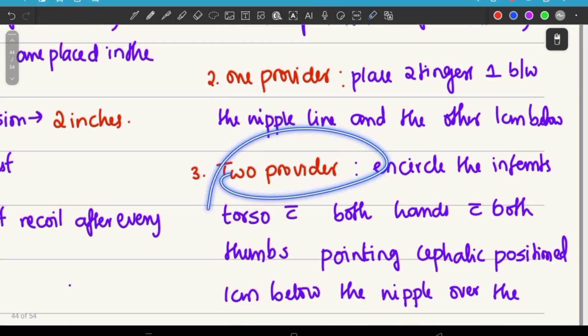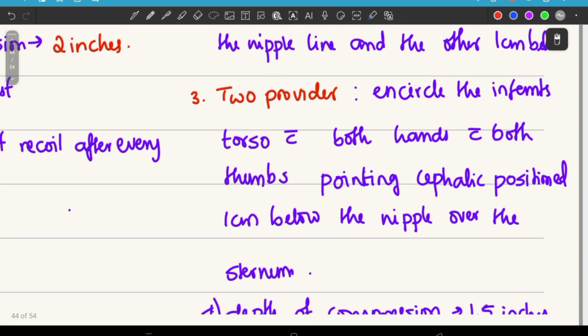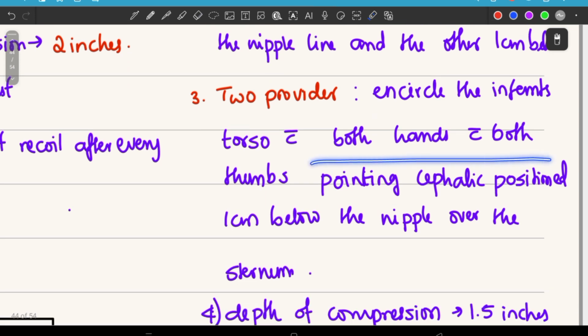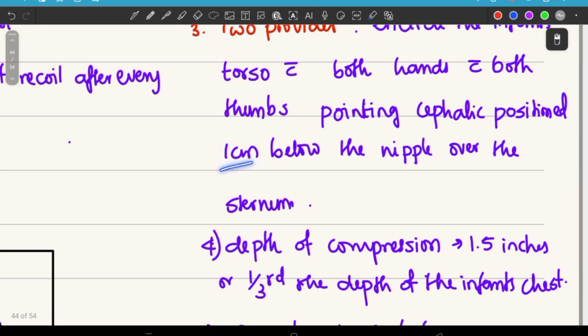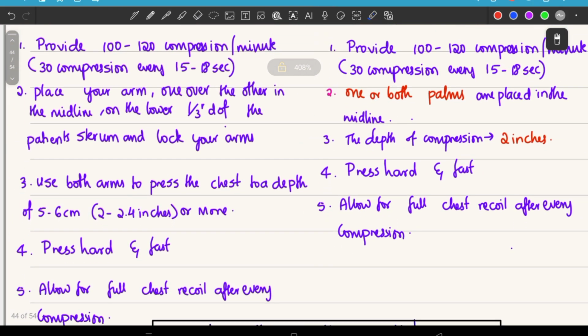Whereas when two providers are there, you can encircle the infant's torso with both hands, with both thumbs pointing cephalic, positioned 1 centimeter below the nipple over the sternum. So depth is almost similar. Okay, so use both the arms to press the chest to the depth of at least 5 centimeter.